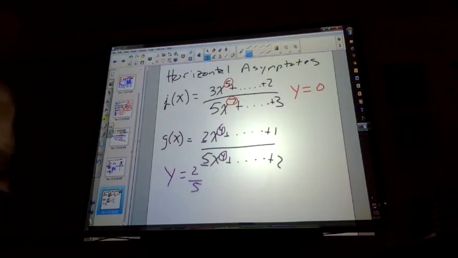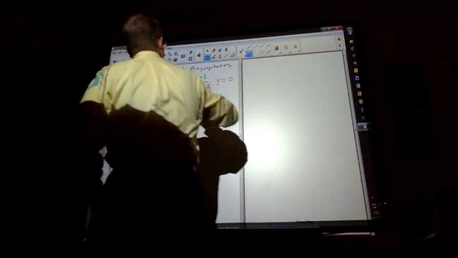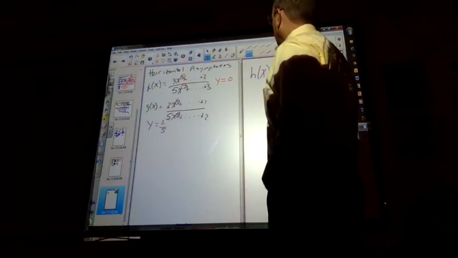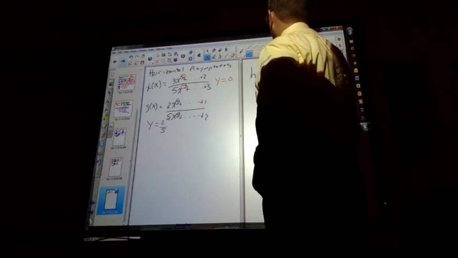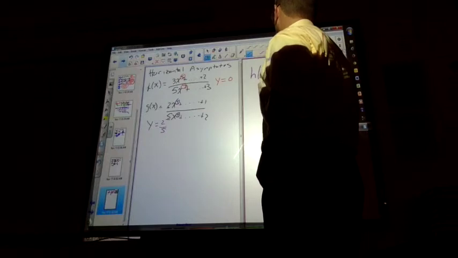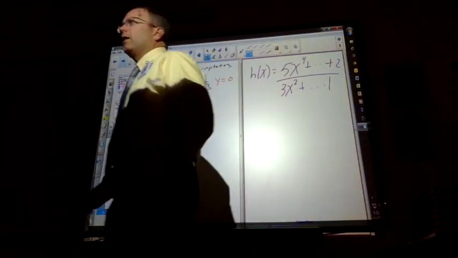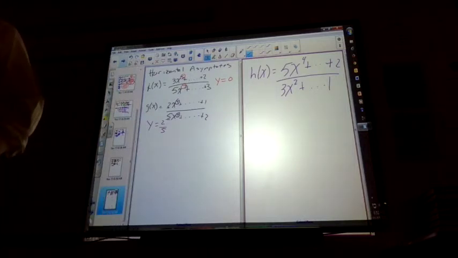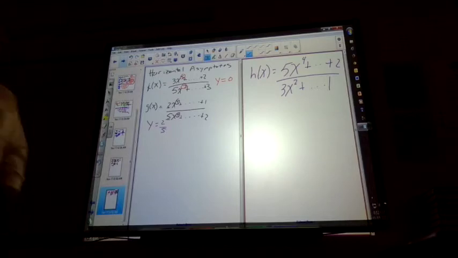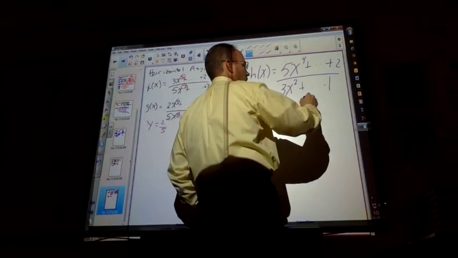And then the third scenario would be if I had h(x) = (5x^4 + 2)/(3x^2 + something like that). If the highest degree on top is greater than the highest degree on bottom, there is not a horizontal asymptote.